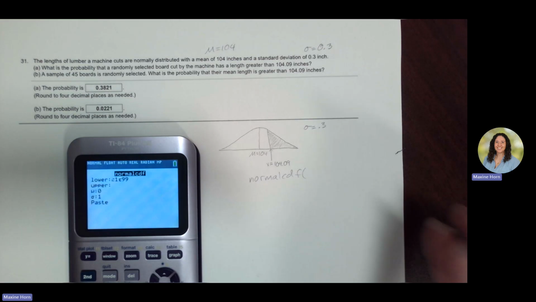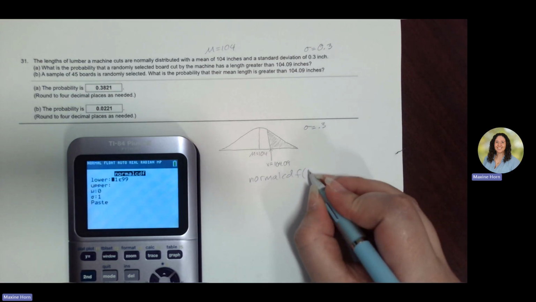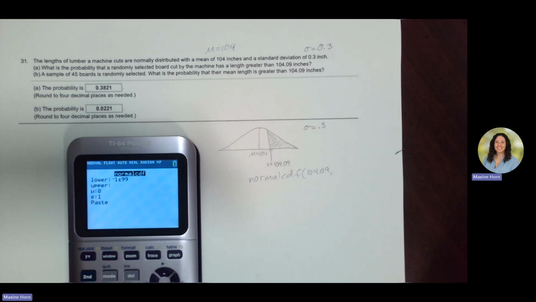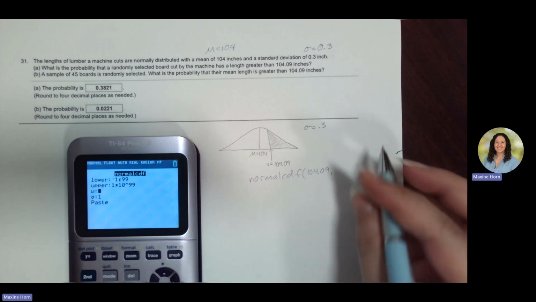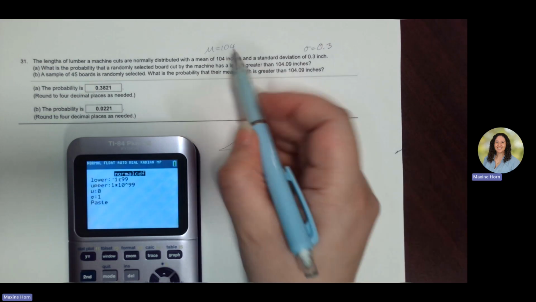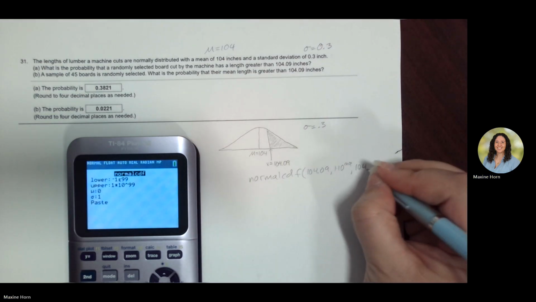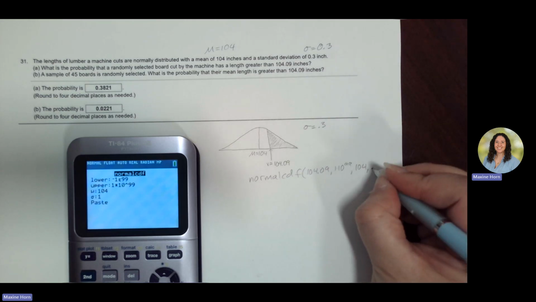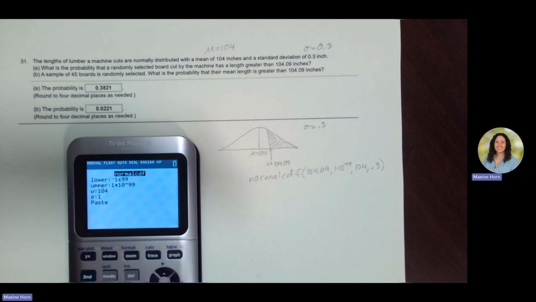Our lower bound is our x value of 104.09. Our upper bound is infinity, or 1 times 10 to the 99th. Our mean is 104. And our standard deviation is 0.3.